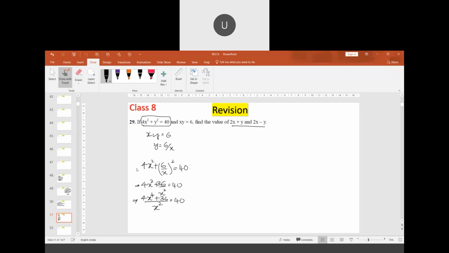Now I will do cross multiplication. We get 4x to the power 4 plus 36 equal to 40x square. This can be written as the equation 4x to the power 4 minus 40x square plus 36 equal to 0.